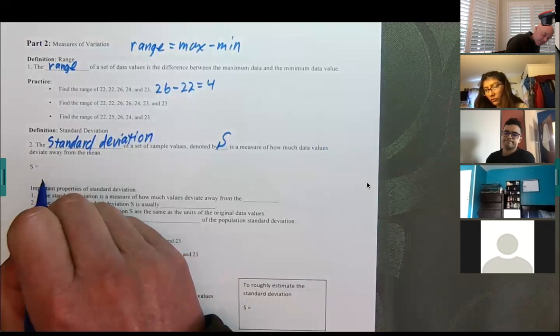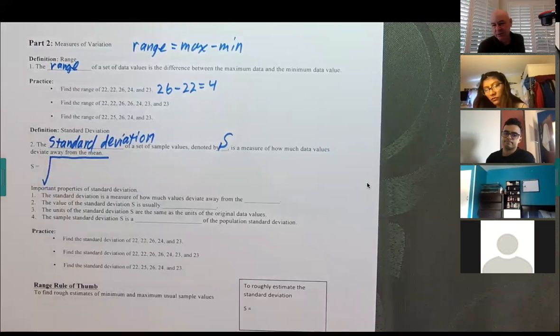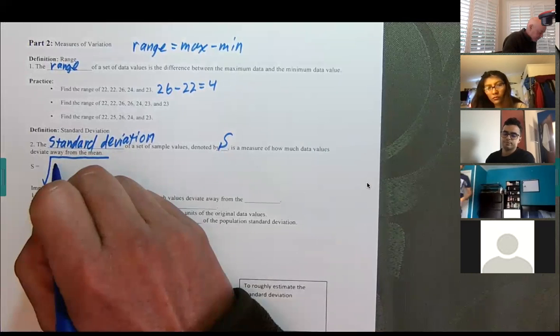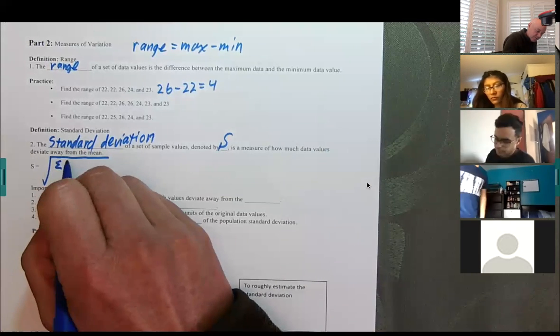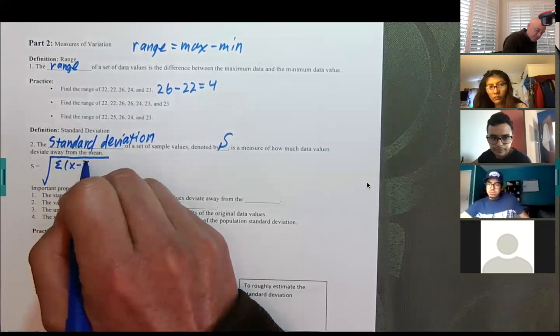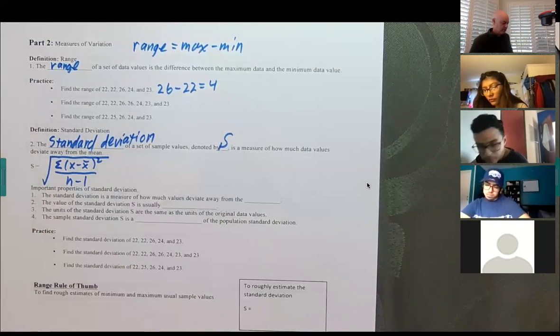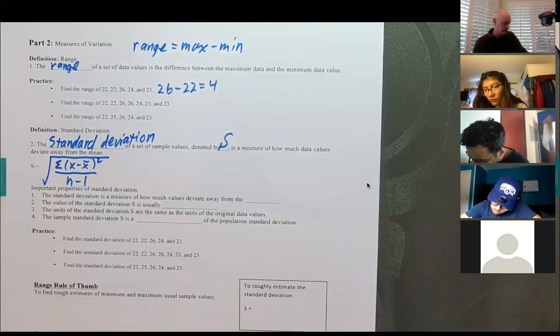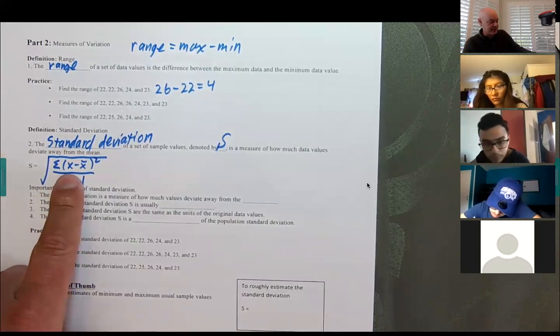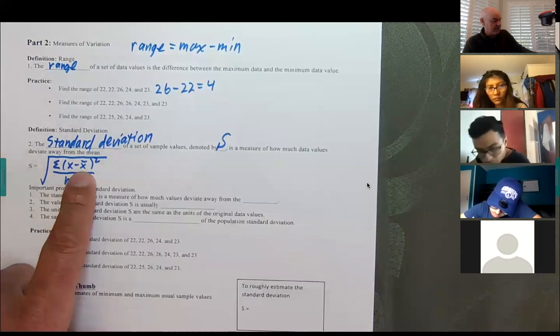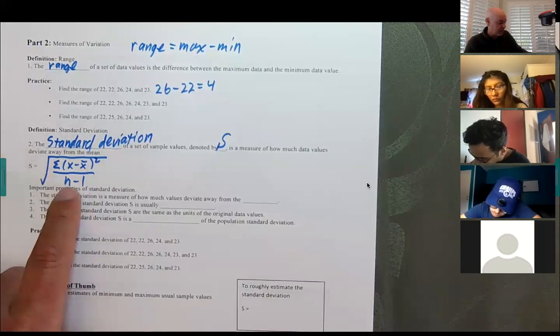The formula, which we won't use, your calculator will do all of this for us. So we're adding up the difference between a datum and the mean, squaring it, divided by n minus 1.